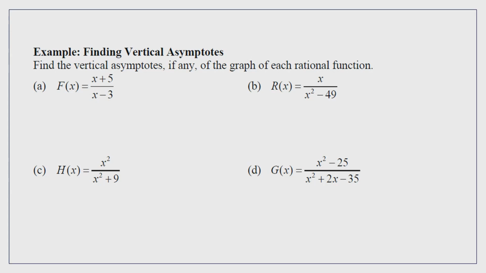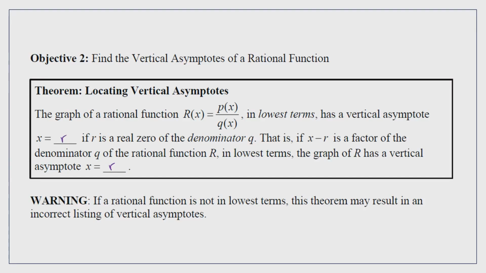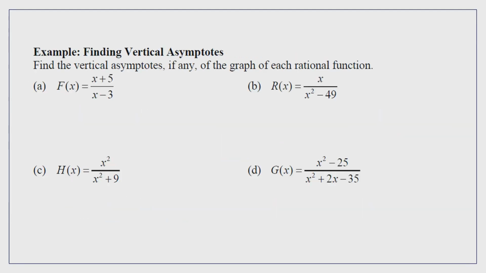The first one is f of x equals x plus 5 divided by x minus 3. So remember, our theorem says that if our rational function is in lowest terms, then we could potentially have a vertical asymptote where x equals r, where r is a real zero of the denominator q. So we take the factor in the denominator and set it equal to 0 in order to find our vertical asymptote.